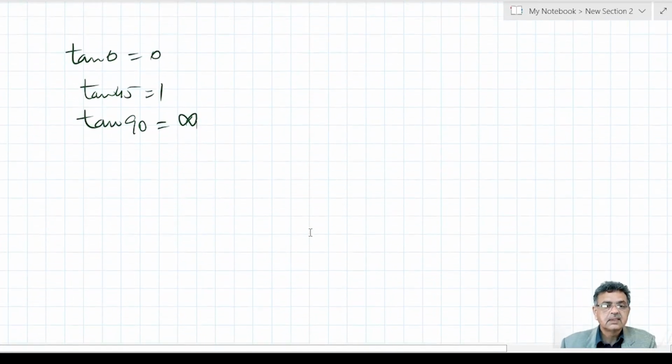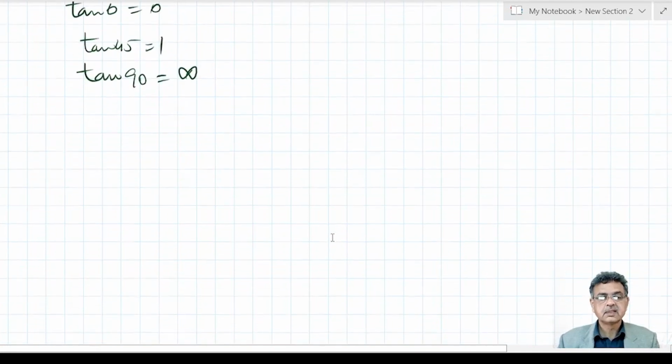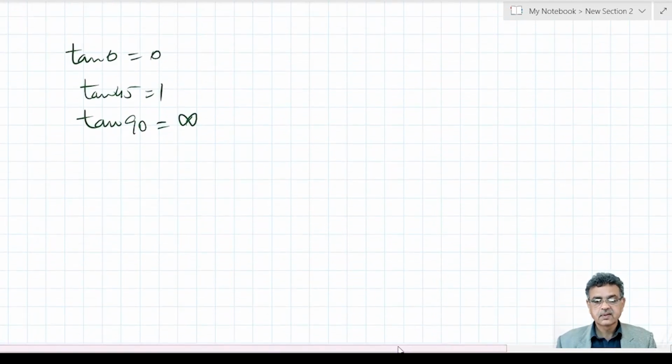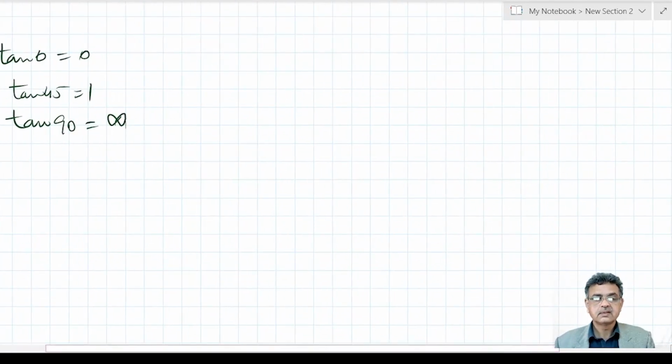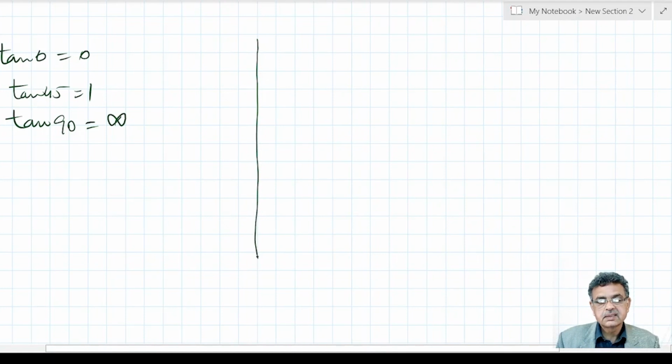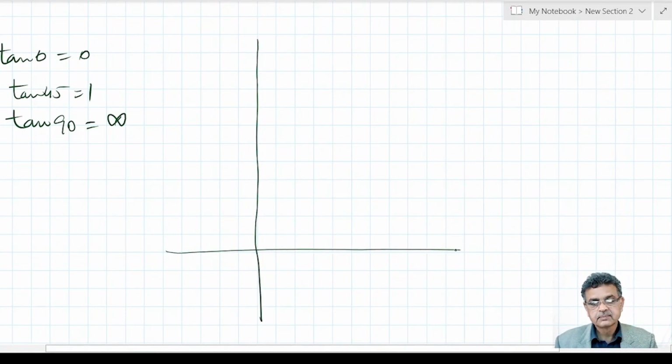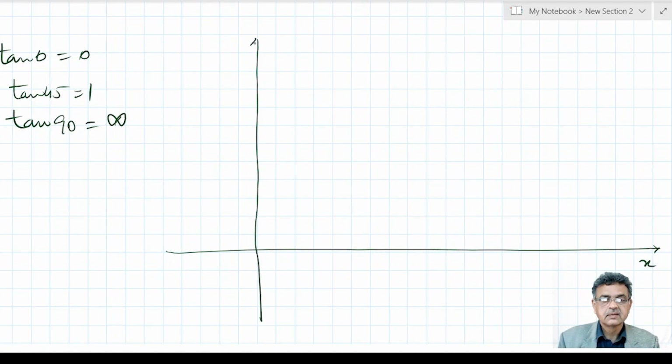So considering these three main points, if we look at the graph of tangent x, if I roughly sketch this graph, this is the x-axis, this is the y-axis.